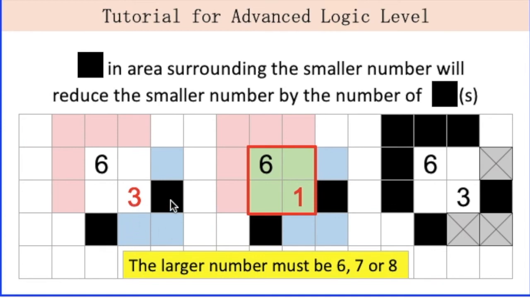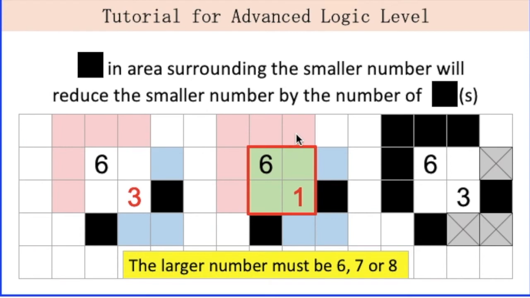So the number is 3, and since we have two black spaces, we go 3 minus 2, and then that becomes 1. So when this becomes 1, now we have a difference of 5, right?